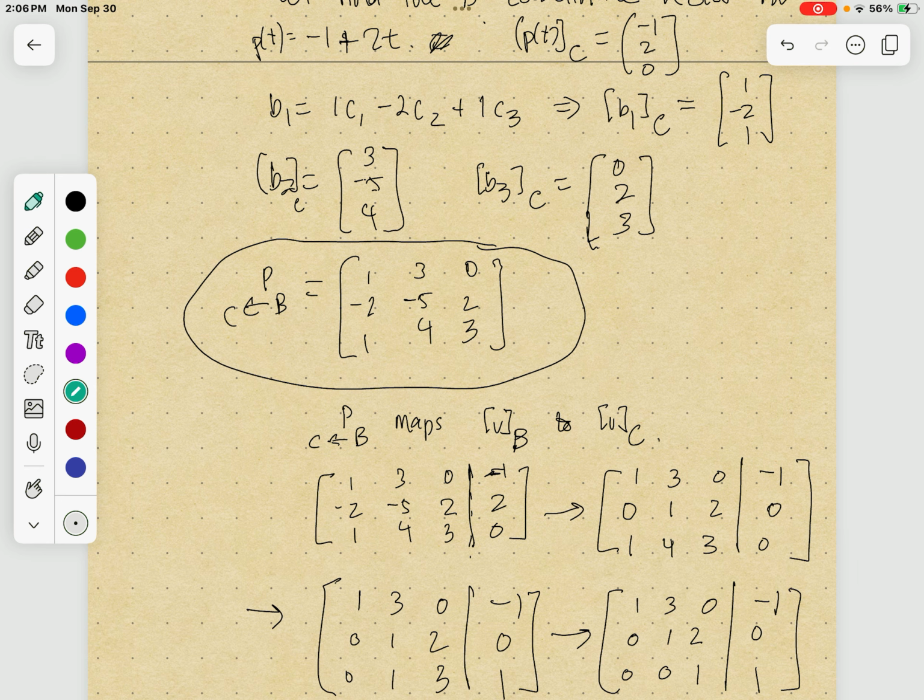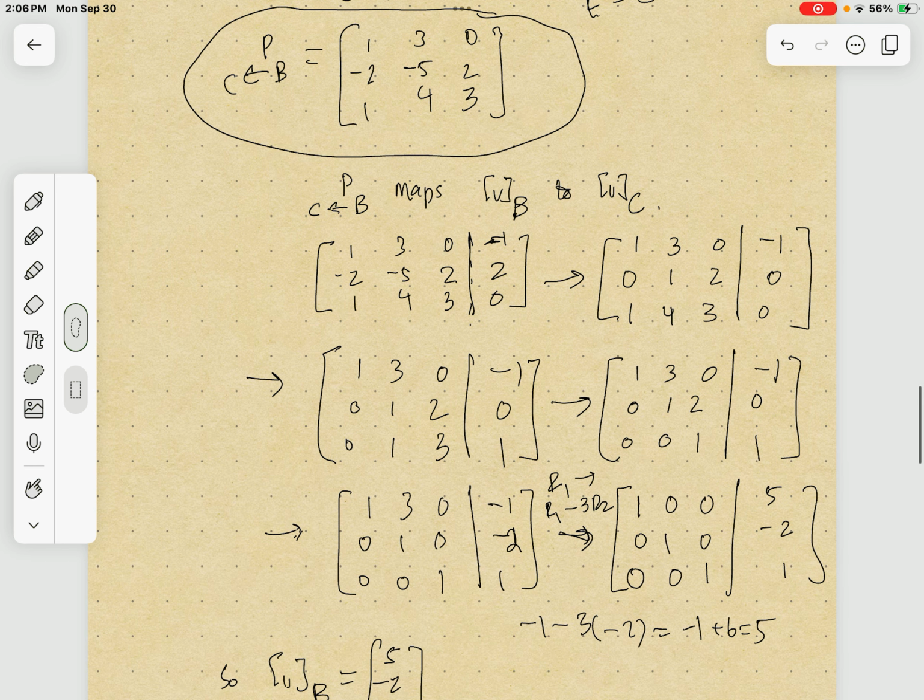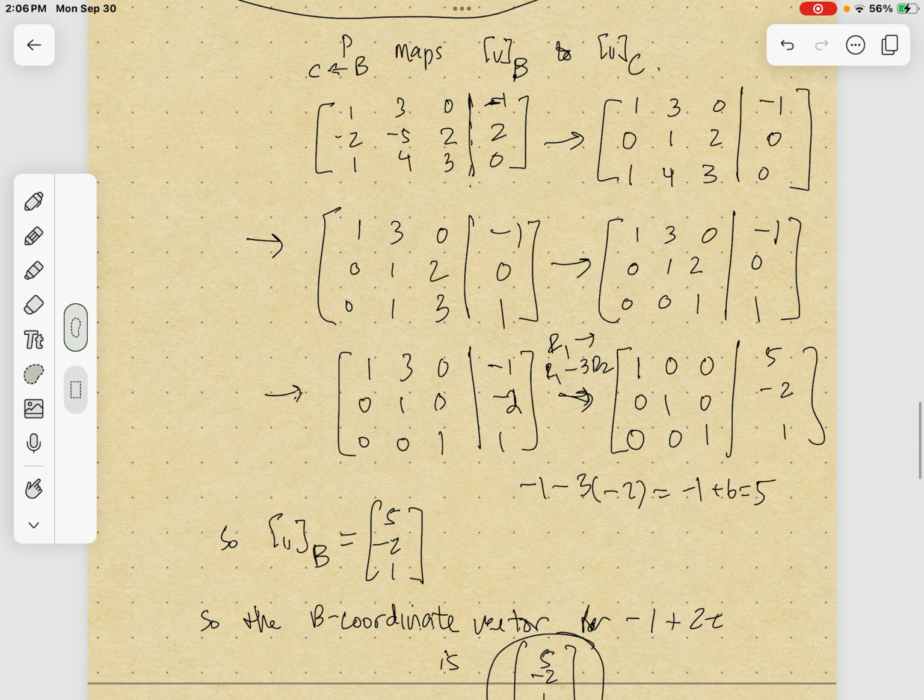This is without actually finding the inverse. We could have found the inverse of this matrix and then multiplied it by negative 1, 2, 0, but it's faster to just use Gaussian elimination to figure out what the vector relative to b is. Using Gaussian elimination, this way you don't have to find the inverse. Okay, so I hope this clarifies section 4.7 of the Lay textbook.